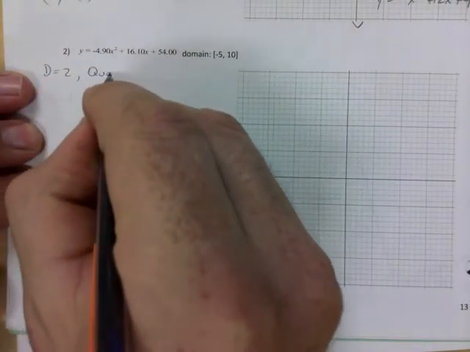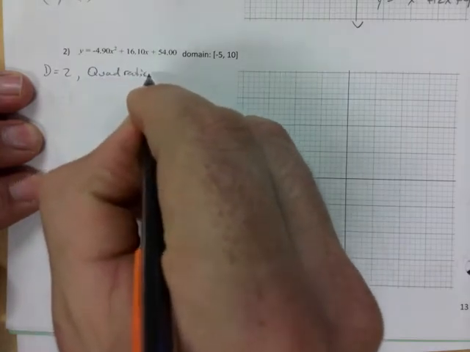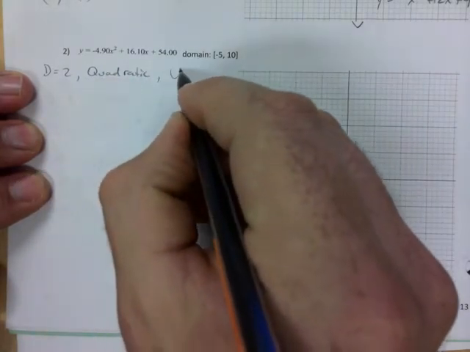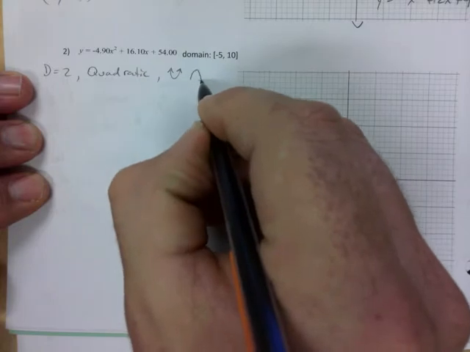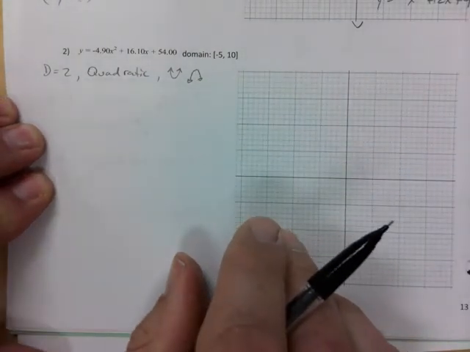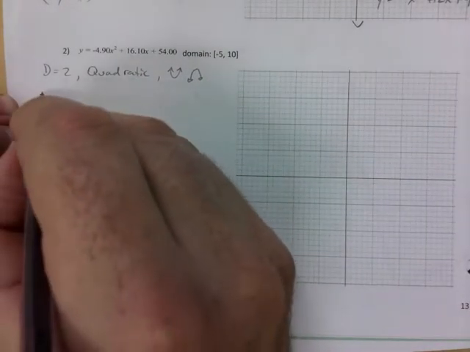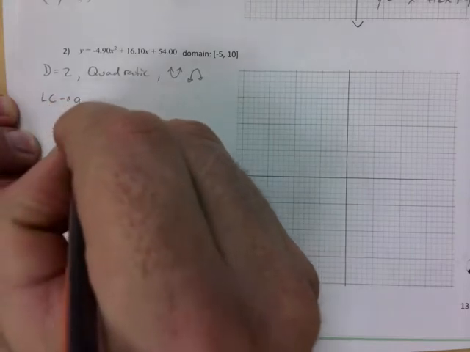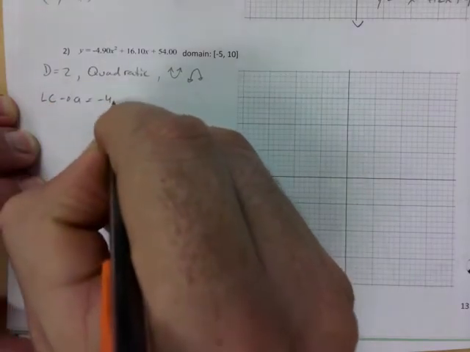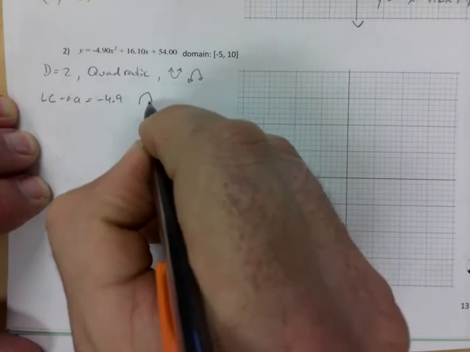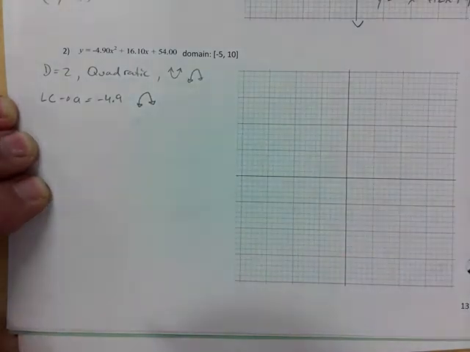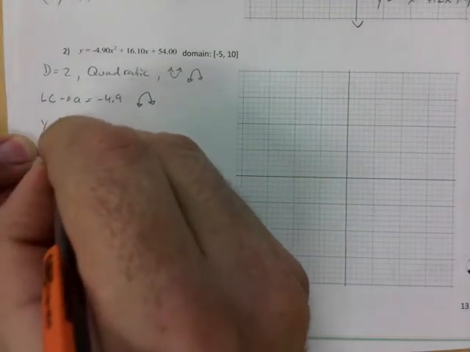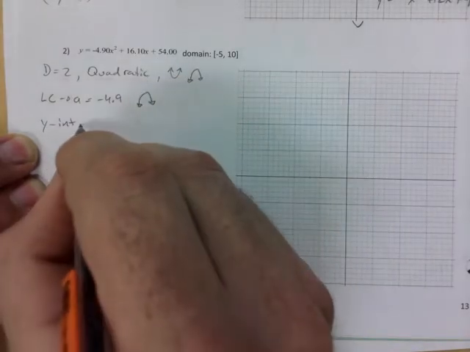That's a quadratic. And that means that this graph could be pointing up or down like this. I know the shape and I know the two options I have. The leading coefficient, which is A, is equal to -4.9. And that tells me that this parabola is also going to be pointing down.